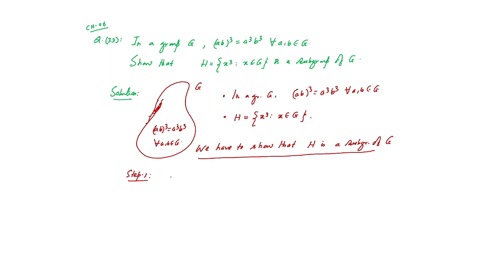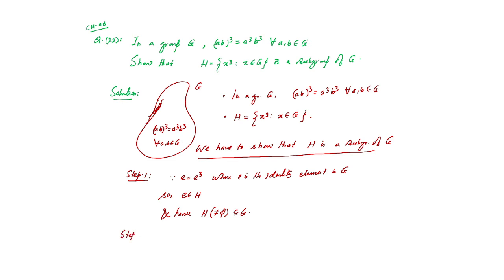Since E can be represented as E cube, and E and E composed E are the same, where E is the identity element in G, from that we can write E must belong to H, and hence we conclude H is a non-empty subset of G.